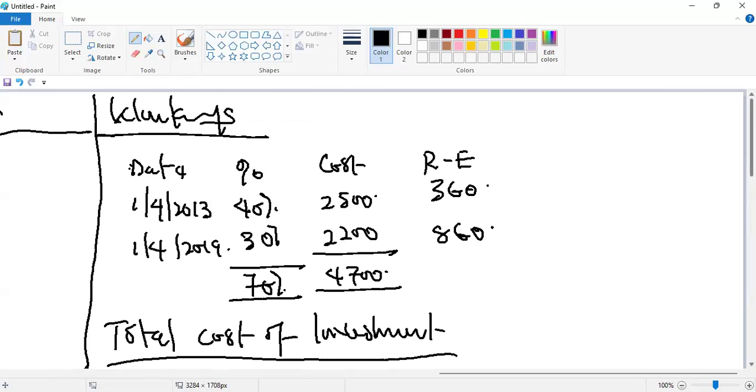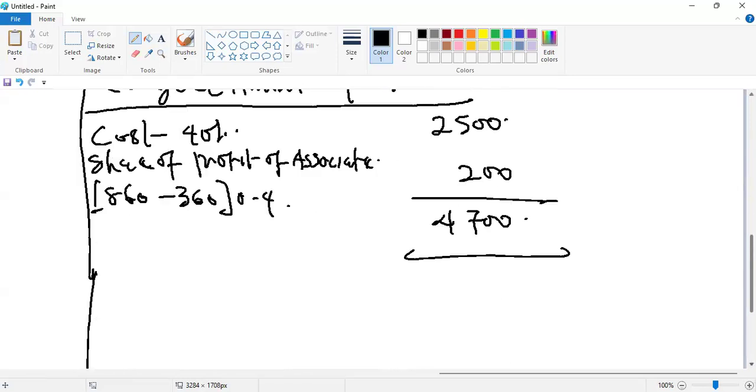Because 22 plus 25. If it has been recorded, this is what would have been there in its carrying amount. 27. I'll go and put 47. Now, look at the logic. 27.